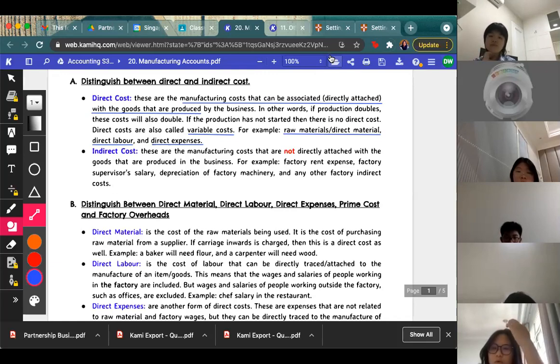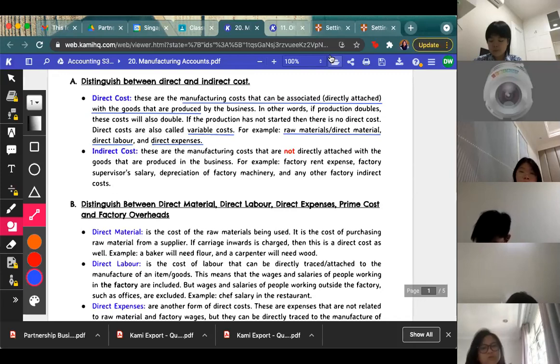Producing a bag. So we are producing a bag, and we need canvas fabric, glue, zipper, etc., all related to making a bag. The canvas fabric is called direct material because without it you are not able to produce the bag. Direct labor is the person who actually touches the bags.